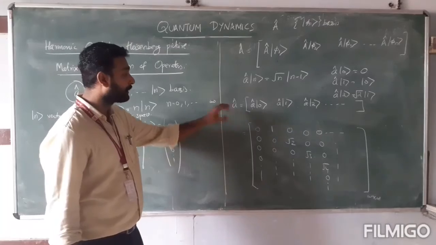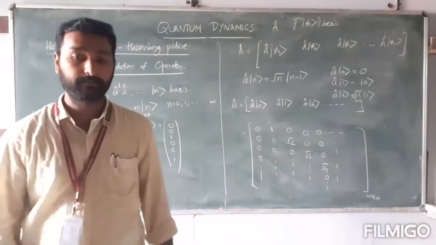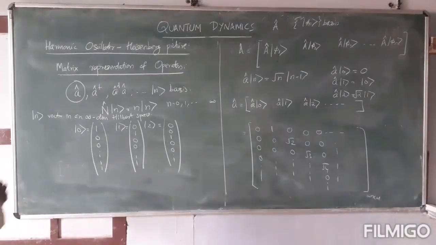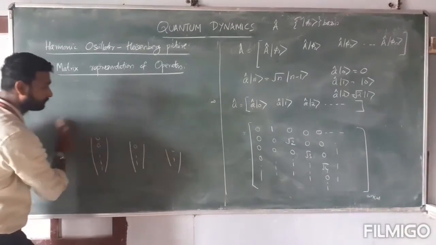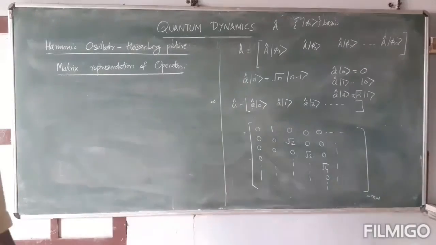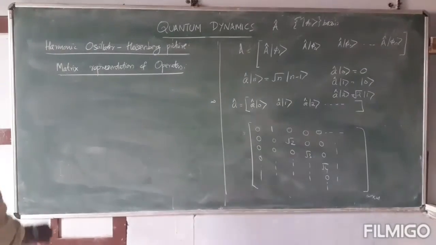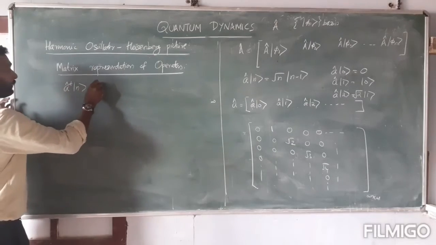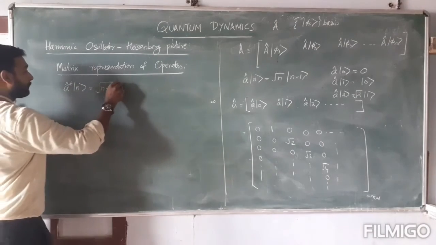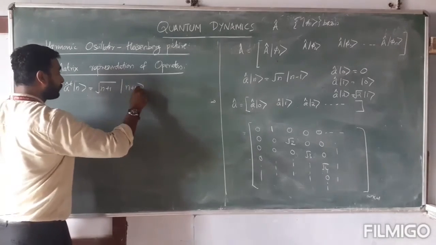Now how will you represent the matrix for operator A dagger? So again recall A dagger acting on ket n is root of n plus 1 times ket n plus 1.